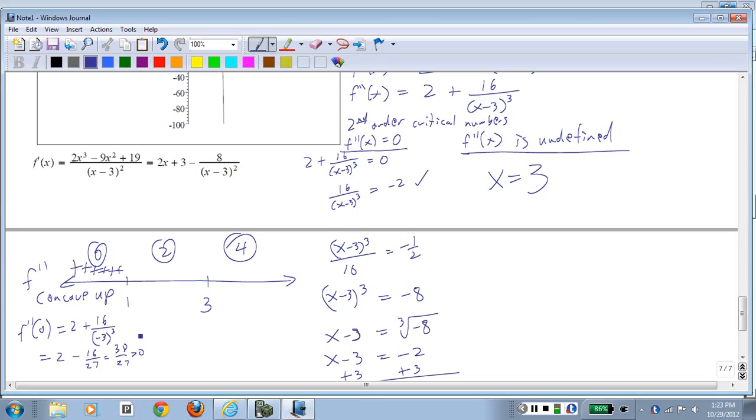How about 2? f double prime of 2. That's going to be 2 plus 16 over (2 - 3)^3. That's 2 plus 16 over negative 1, so 2 minus 16 is negative 14.